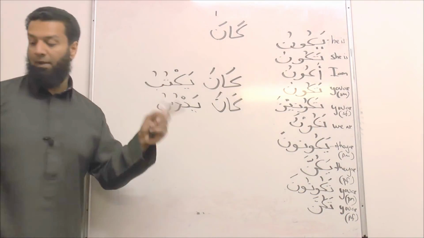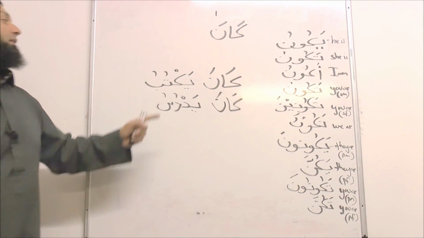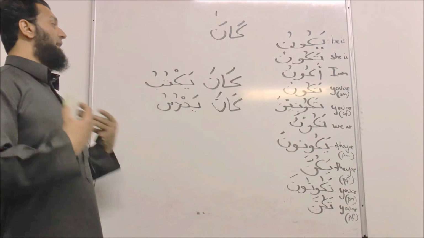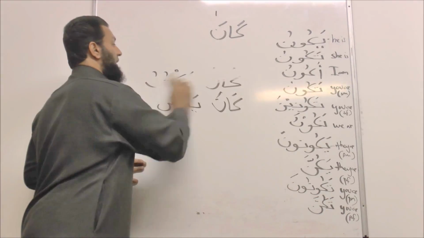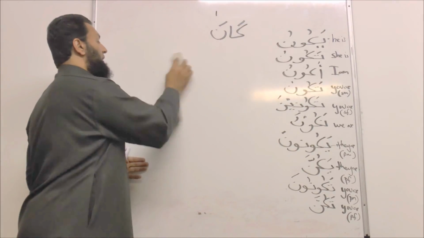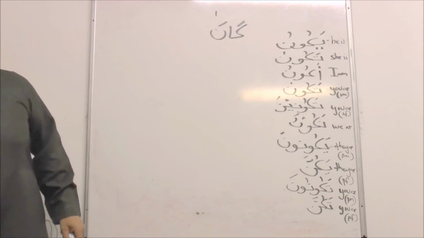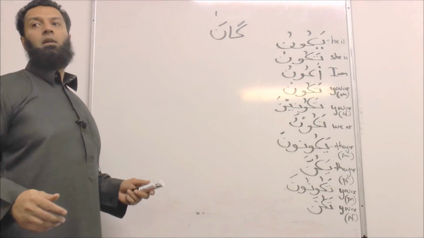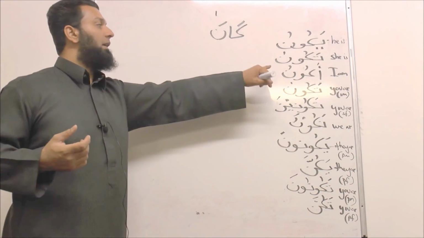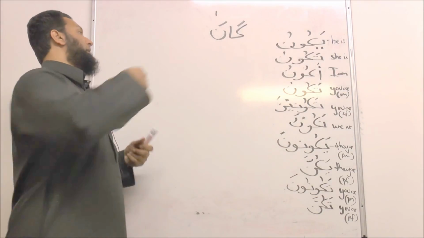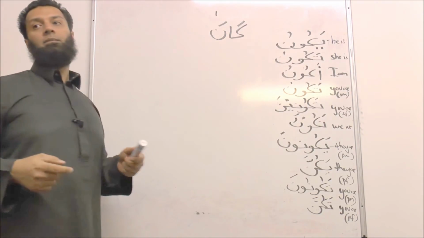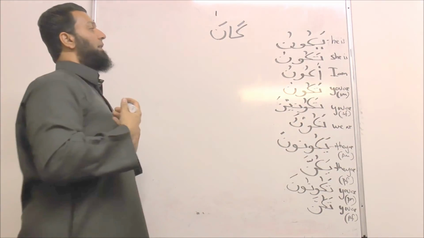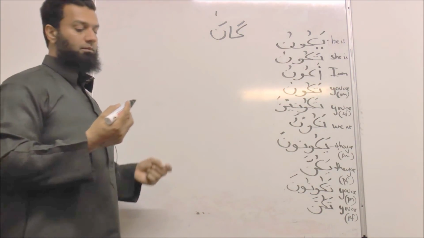Now, of course, remember that here, Kaana yaktubu is third person. If we wanted to say, I used to write, how would we say it? Now remember, it's got to be I of Kaana. What's the first person of Kaana? Akunu?